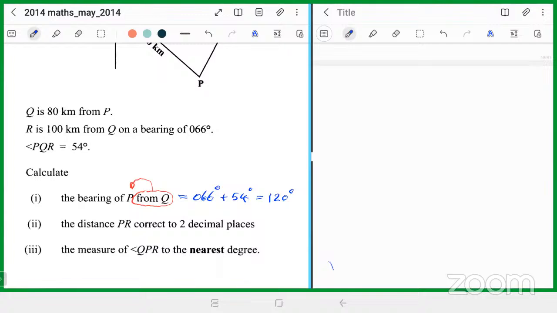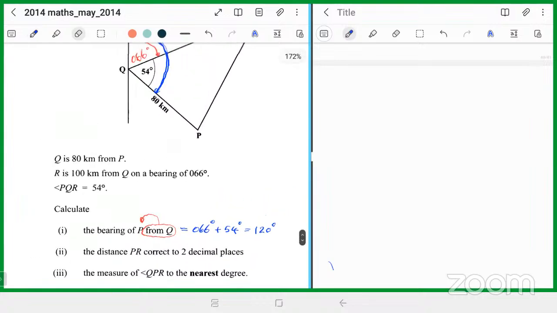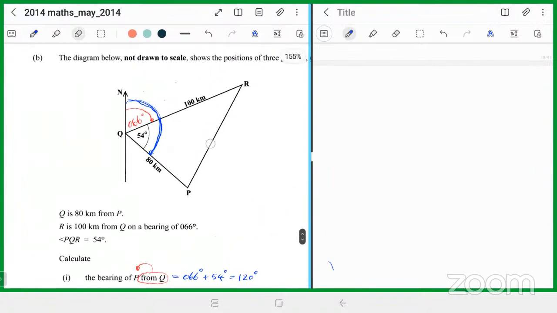Good. Then I want the distance PR, correct to 2 decimal places. It's the only distance that we don't have, which is this one. We're going to use the cosine rule because what we have are two sides and the angle between them.